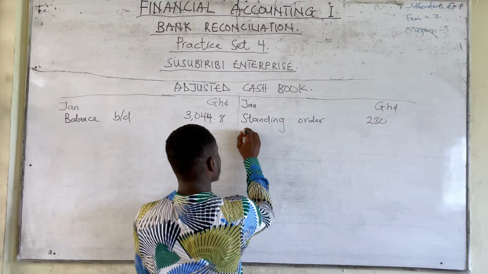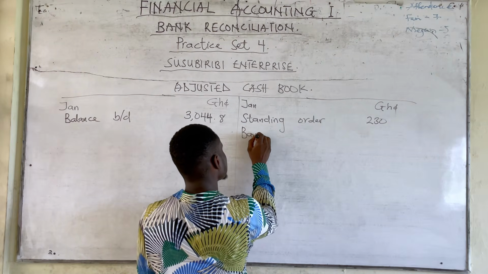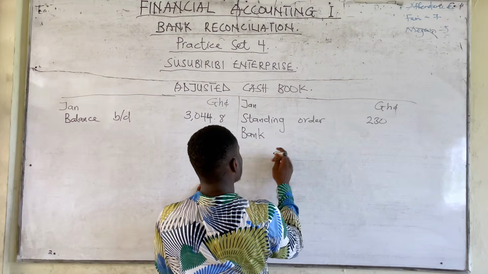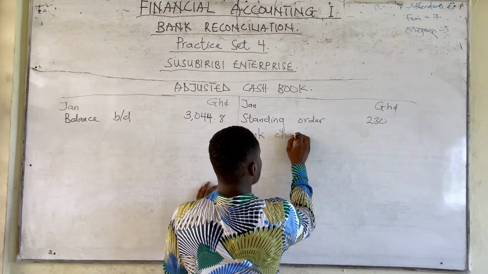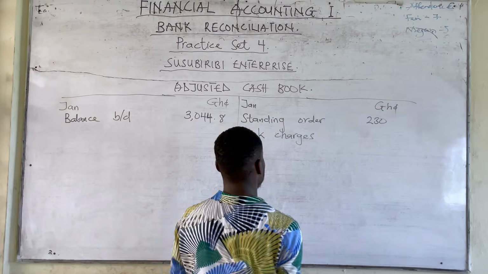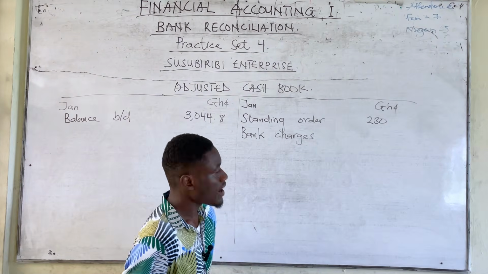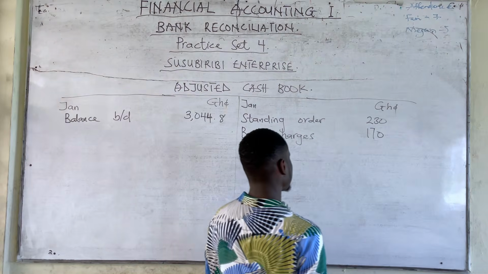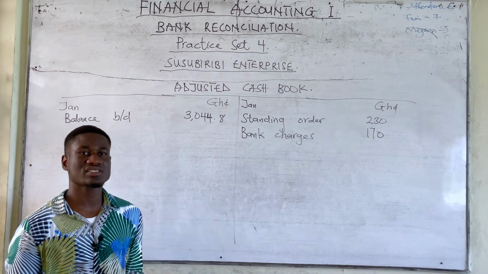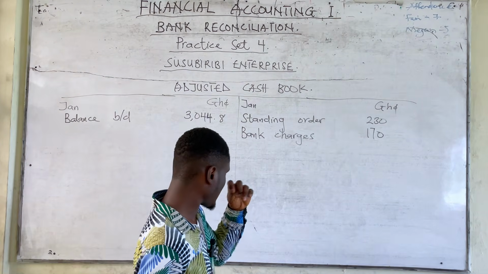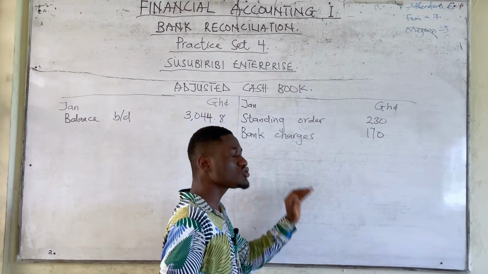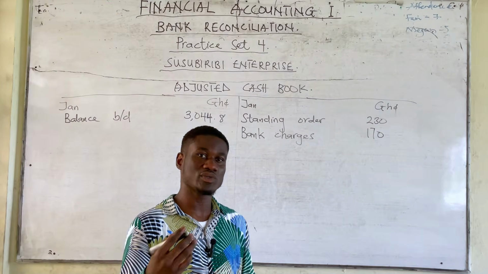So if the bank is debiting, we are crediting, and it's debited 170 as bank charges. For the services they are rendering to us, they will deduct, and deduct, we are making payments to them. You get it? Good. So we should credit in the cash book, but we didn't.